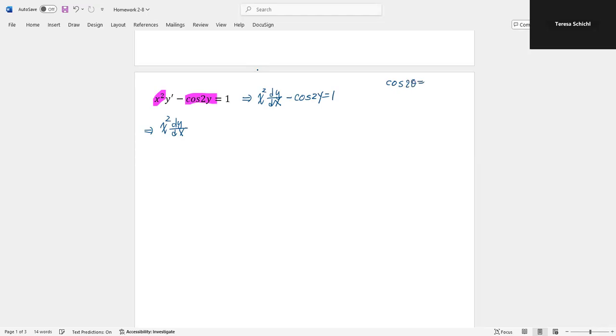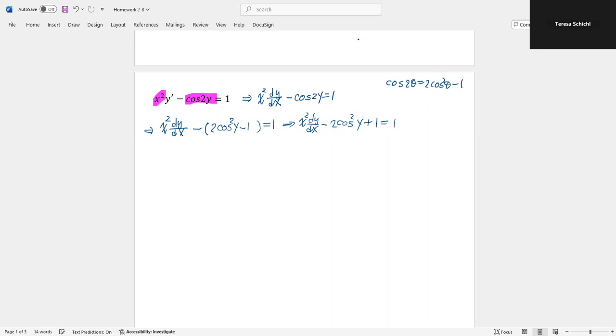We know cosine 2 theta is equal to 2 cosine squared theta minus 1, right? So for this minus cosine 2y, it will be 2 cosine squared y minus 1 equal to 1. Then this is x squared dy/dx minus 2 cosine squared y plus 1 equal to 1.